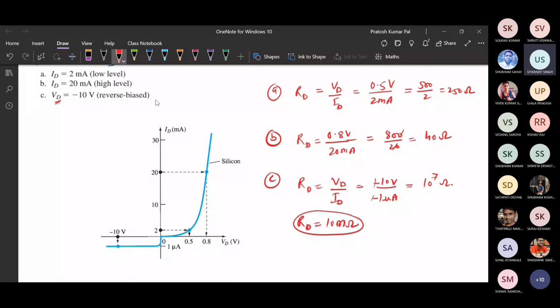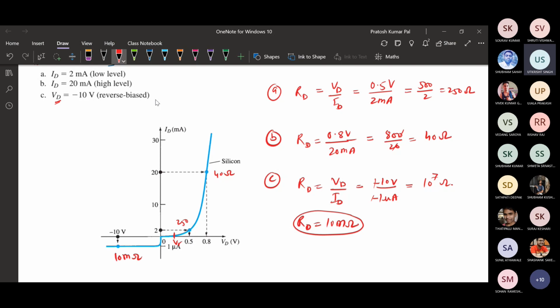So suppose this is the knee voltage. Above the knee voltage, as we increase VD, the resistance RD at this point is 250 ohm, and at a higher VD the RD value is 40 ohm. Similarly, coming downward toward the cut-in voltage, at this point it is 10 mega ohm.